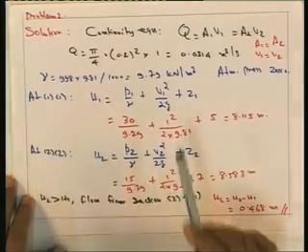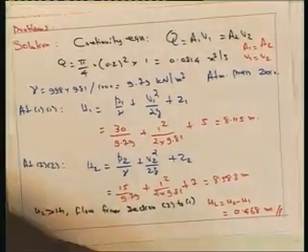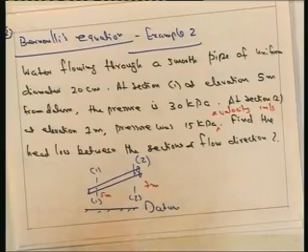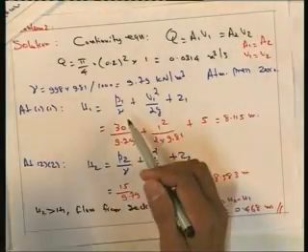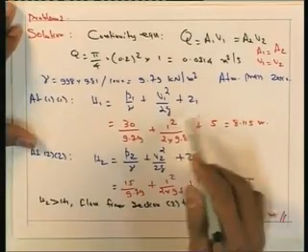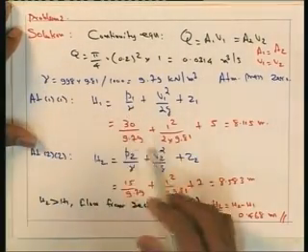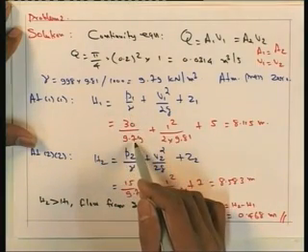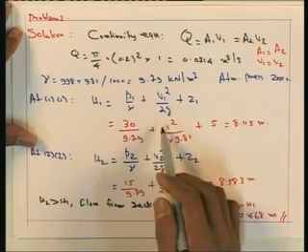At section 1, if you apply Bernoulli's equation, we have P1 by gamma plus V1 square by 2g plus Z1. The pressure is given as 30 kilopascal, so P1 by gamma is 30 by 9.79, and V1 is given as 1 meter per second.